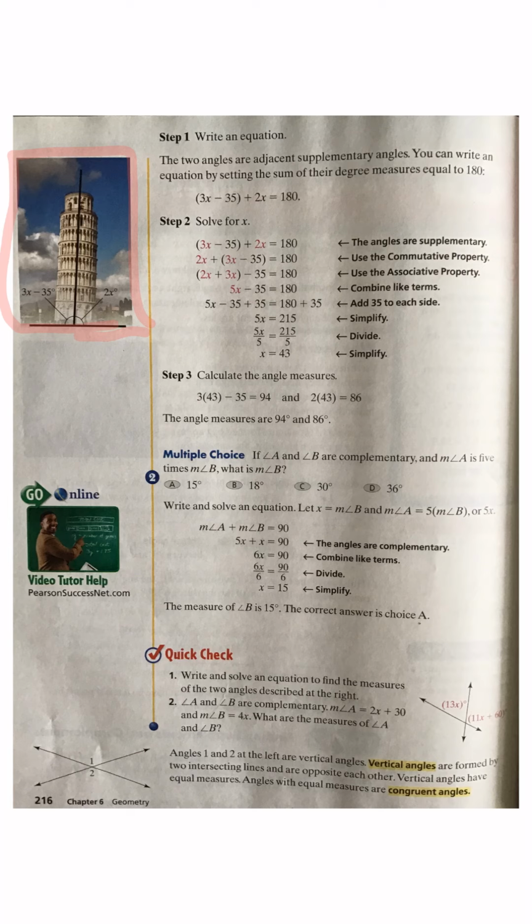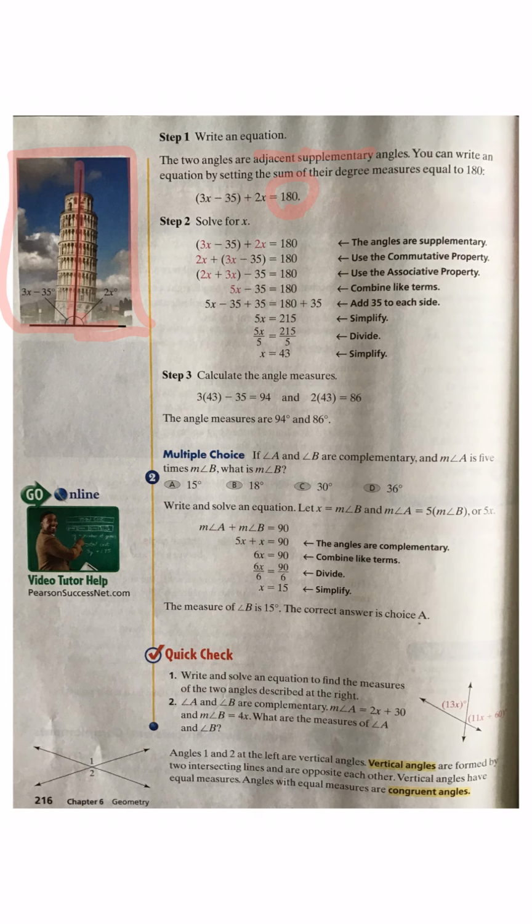It shows the two angles are adjacent supplementary angles. So right, adjacent, we know that they share the same vertex and they have a line in common. Supplementary, we know that they equal 180.